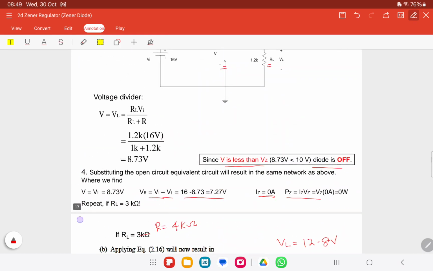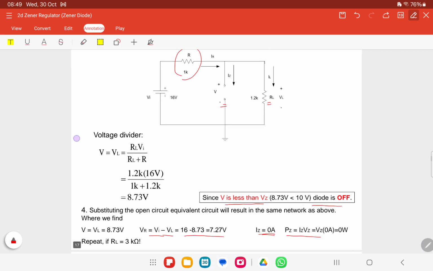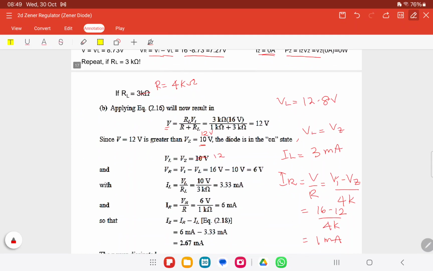R ni lah. No, this one. Oh, ya ke? Satu, sorry. Sebab dia RL. R depan tu, kalau kita letak RS lah. RS. Okay.